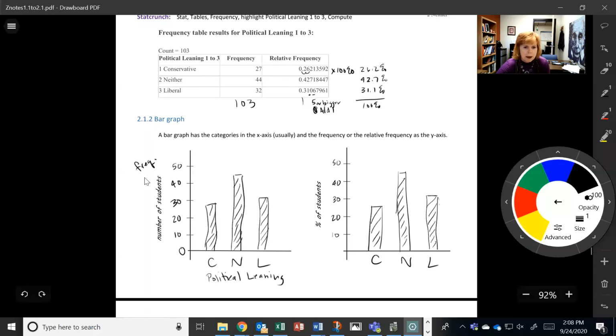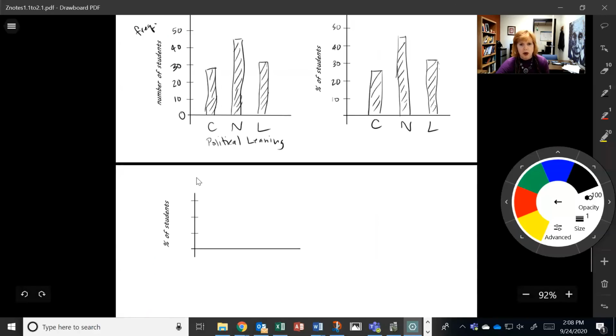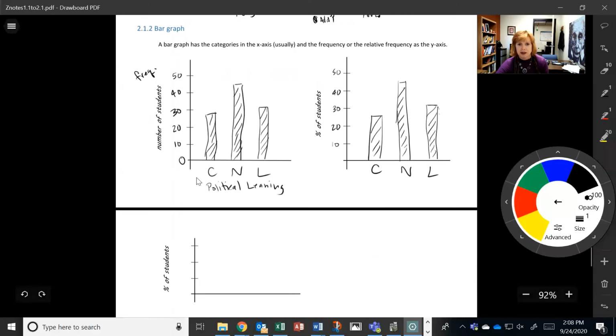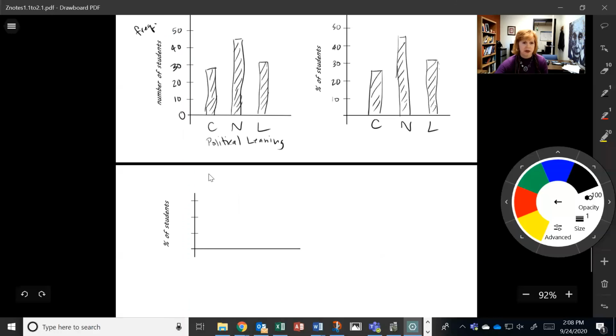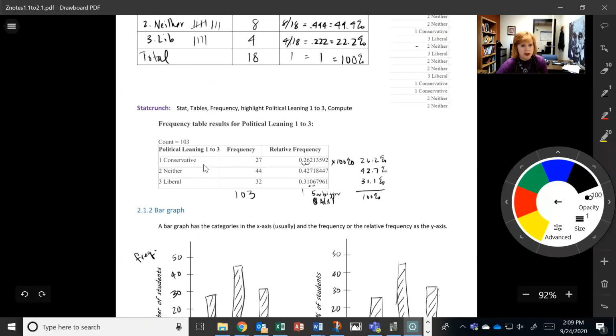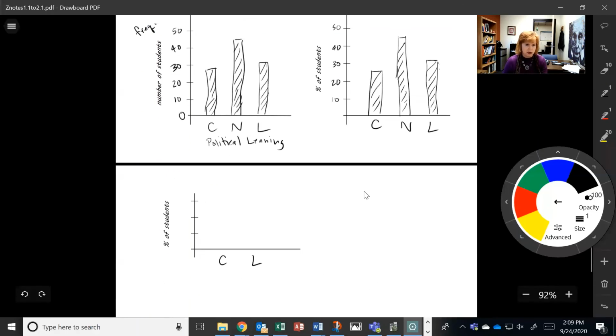Now, bar graphs are flexible. I do not have to include every category. If my intention was only to compare the conservatives and the liberals, I can just put those in there. So I've got 26.2% conservative. Here I'm just going to have conservative and liberal. I made this one shorter because of those two, the biggest one was 31%. So I'm just going to use 30% here.